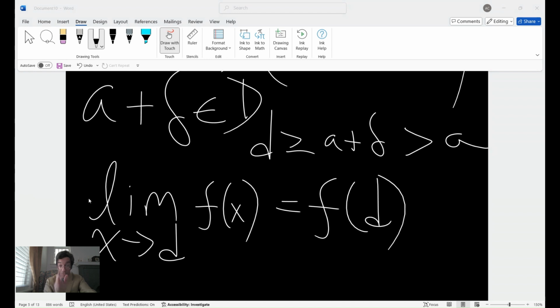And with this, we have the existence of a delta that is greater than 0.